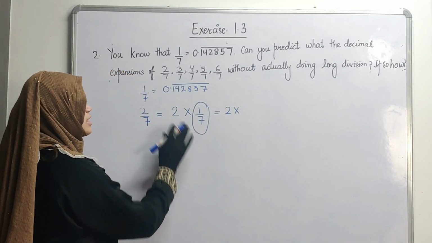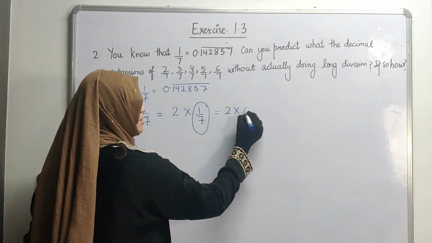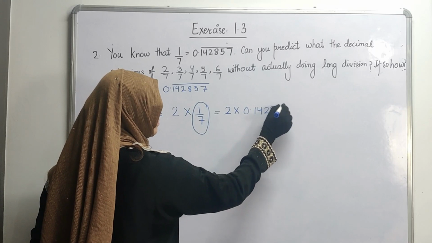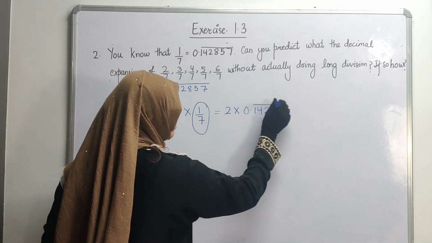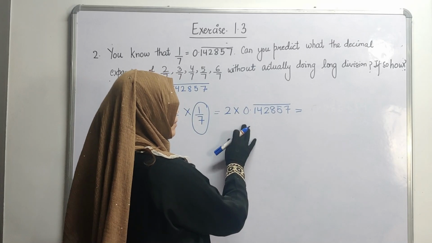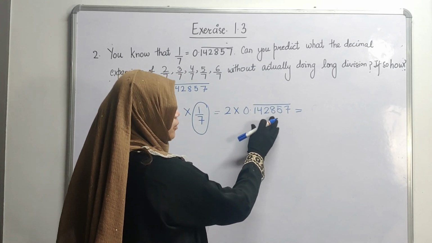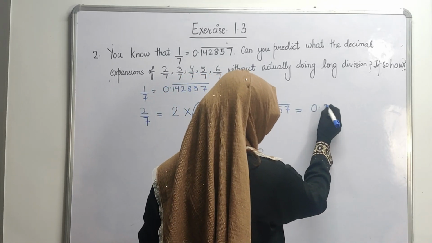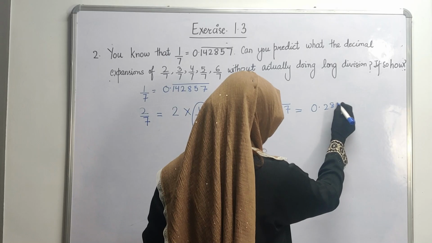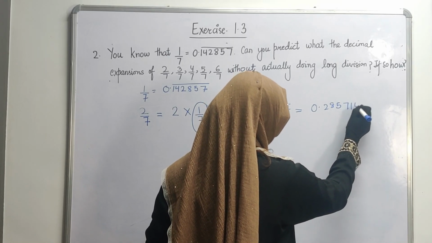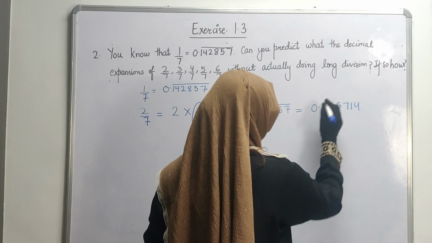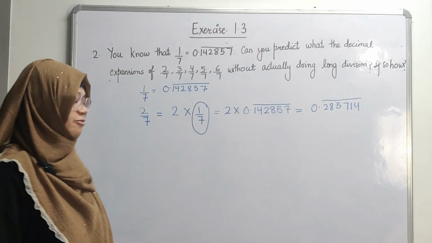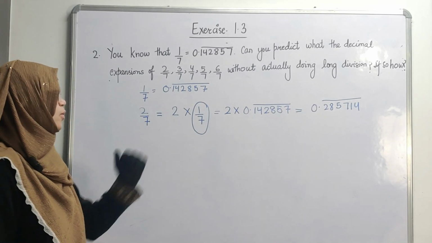The value of 1 upon 7 is 0.142857 bar. 2 multiplied by 0.142857, and the answer is 0.285714 whole bar.